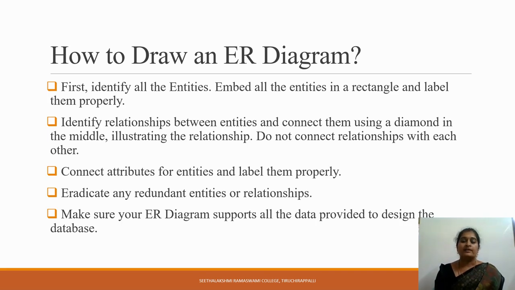Then identify the attributes for the entities, draw the attributes inside ellipses and connect the ellipses with the entity. If we find any redundant entities or relationships, then remove the redundant ones. And we have to make sure all the entities, relationships and attributes are designed inside the ER diagram.